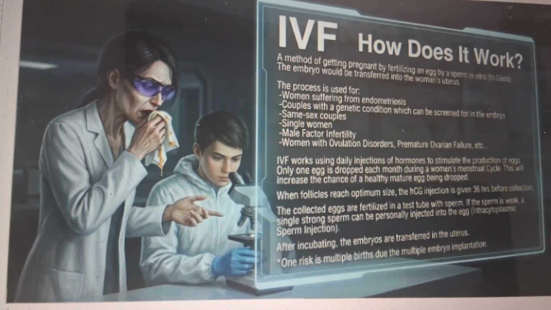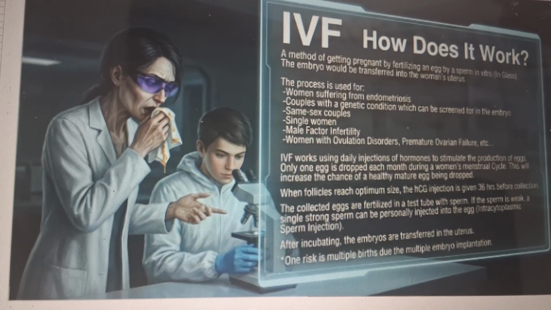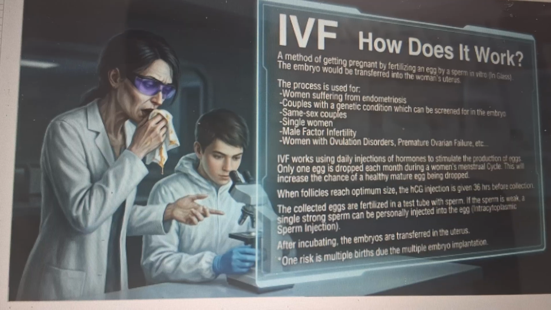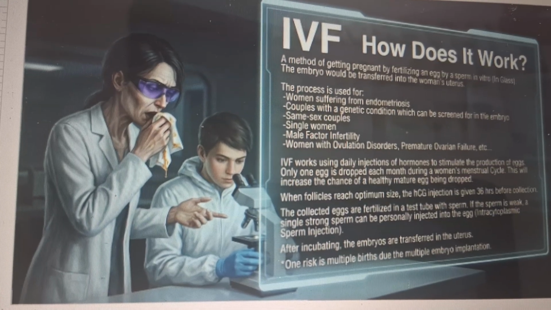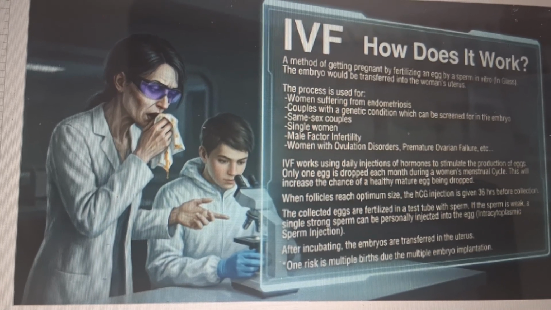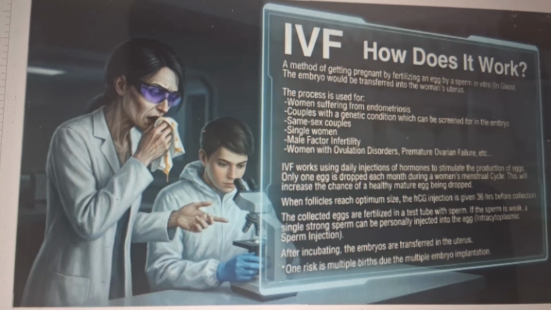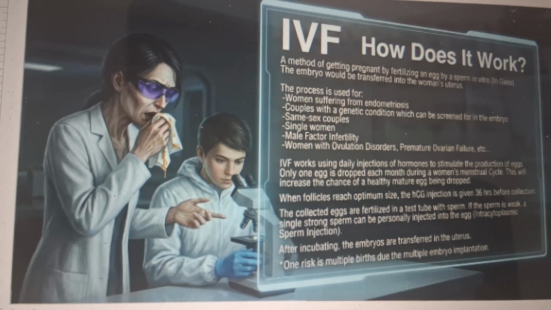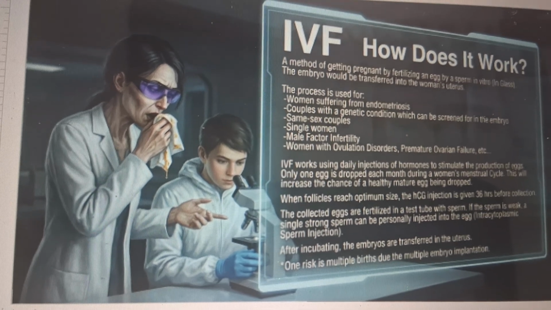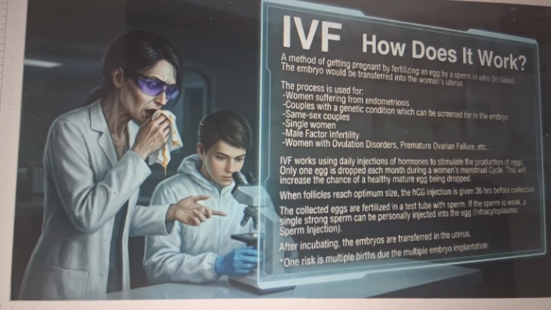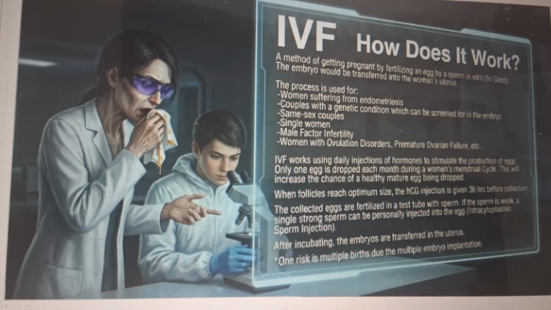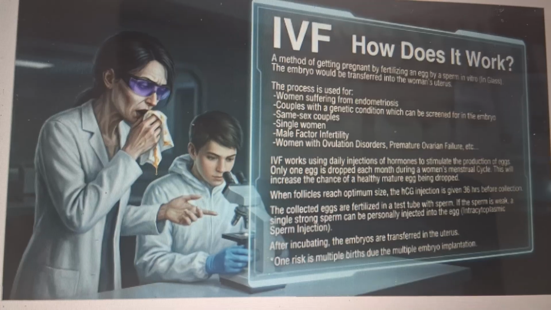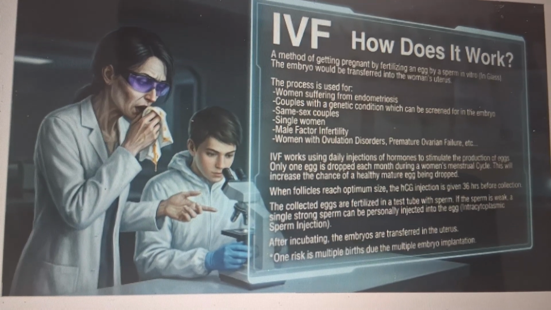Now that we have this background knowledge, let's get back to how gene editing actually works. While using the method CRISPR-Cas9, IVF is used during the in vitro fertilization part. While the sperm is being injected into the egg, they can genetically modify the embryo before implantation. They do this by identifying the specific DNA sequence they want to change, and they can design something called a guide RNA, which directs the Cas9 system to the exact location in the genome.